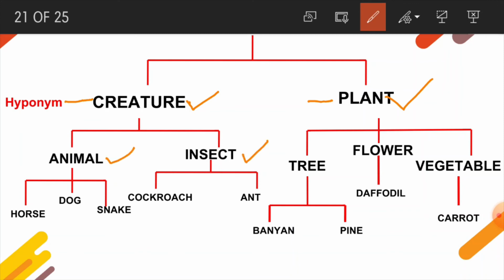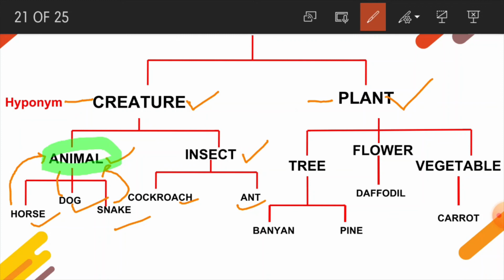Then under animals you have horse, dog and snake. Under insects you have cockroach and ant. Here you can see horse is a hyponym because it comes under animal. So horse, dog and snake are the hyponyms of animal. And in this example, animal becomes the hypernym for them, and animal is a hyponym of the word creature.